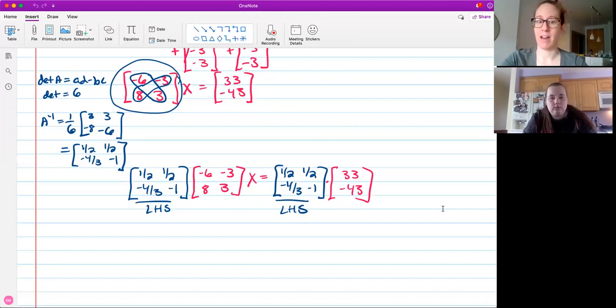So just remember the pattern, right? If you multiply on the left-hand side on one side of your equation, then you have to multiply on the left-hand side of the other side of your equation. And you can't break up, like some people say, "But Miss Lastly, can I just put the -6, -3, 8, 3 matrix and then do a space and put the inverse there and then put X on the other side?"